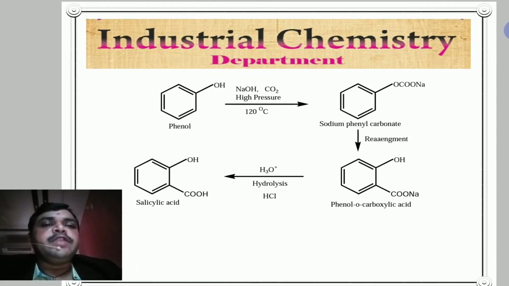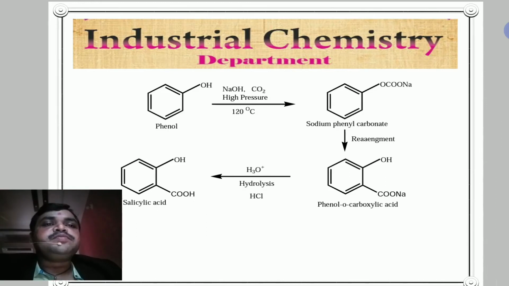This phenol orthocarboxylic acid is treated with hydrochloric acid, known as hydrolysis, and we get salicylic acid as a product.